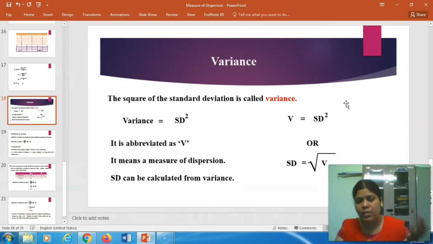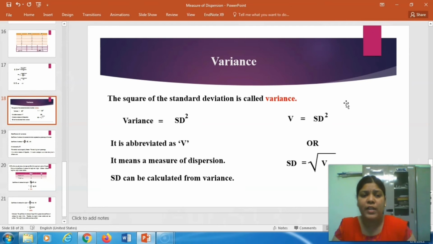in case of mean deviation, in case of standard deviation, and in case of variance also, first we have to know the mean of the observations, and after that we are able to calculate the remaining values.